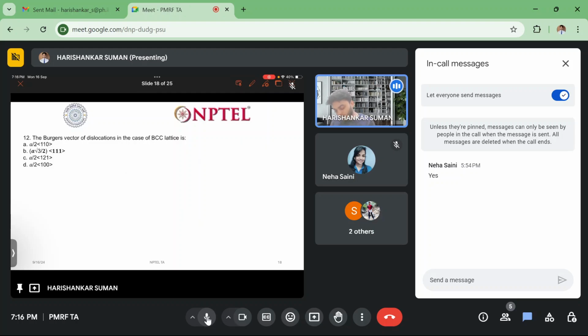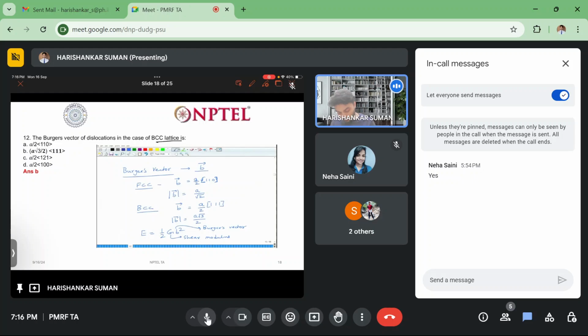The Burgers vector of dislocation in case of BCC lattice is, so the answer is B. You can see the vector for FCC is along the 110 direction, a by 2 110. So the magnitude for FCC is a by root 2.